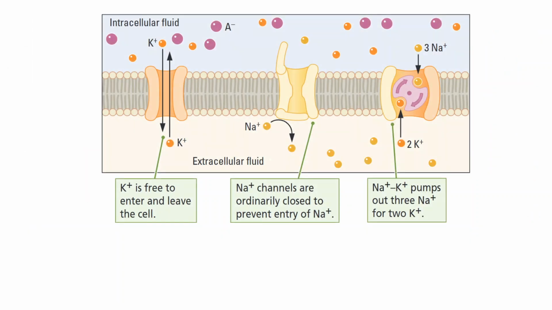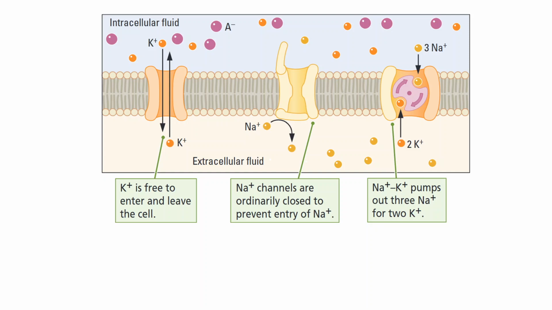Cool. And we know that there are three forms of channel. For example, potassium is free to enter or leave the cell. Sodium is allowed to enter the cell only under certain circumstances. For example, when the cell is electrically stimulated, the gates open and allow sodium to enter.